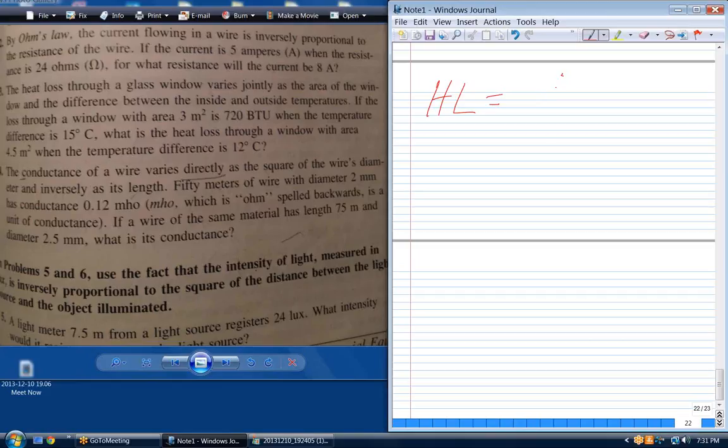We'll just call it heat, H. So the heat, H, is heat loss, and it varies jointly as the area of the window and the difference between the inside and outside temperatures. So all of a sudden, not boring. So how can I write that?